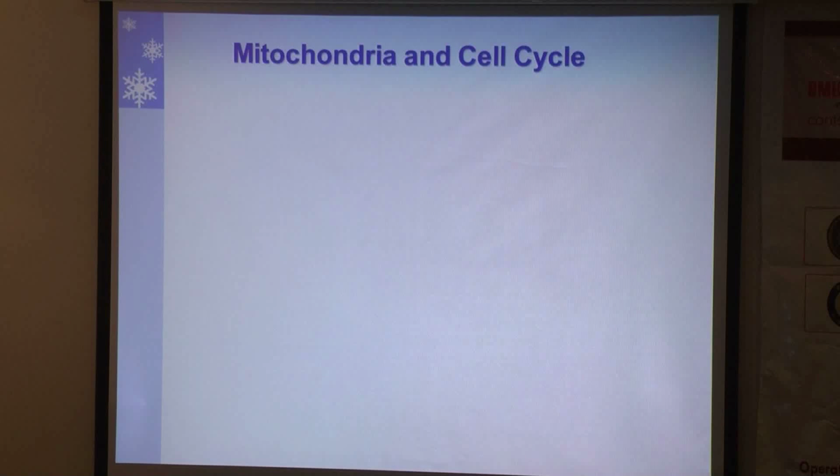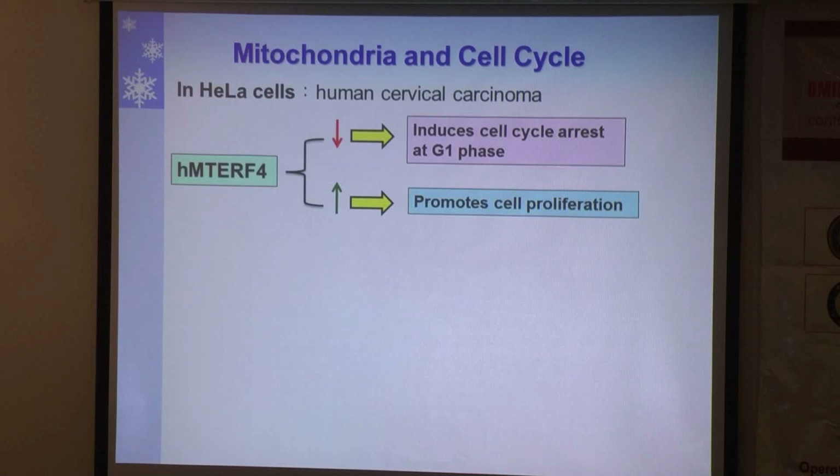Again, an interesting phenomenon is the association between mitochondrial biogenesis and function and cell cycle. From the literature, in human HeLa cells, a cervical carcinoma cell, a reduction in the expression of a factor called mitochondrial transcription termination factor 4 is associated with cell cycle arrest.